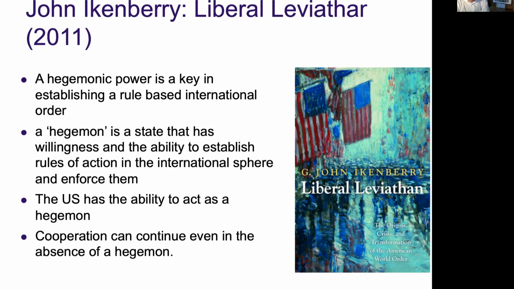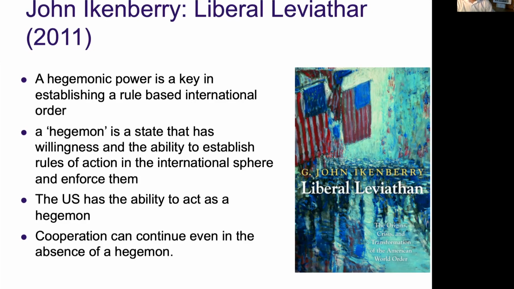John Ikenberry sees that advantage in creating an international order in a way that this international order is not depending on this one hegemon. This international order can actually continue to live on even if the hegemon declines in its power structure.